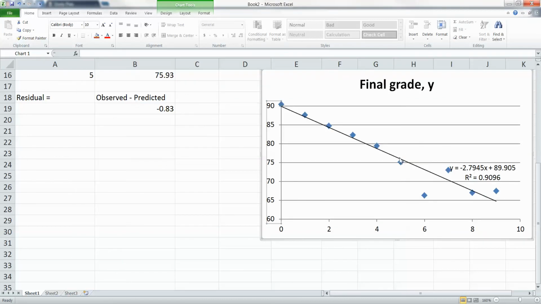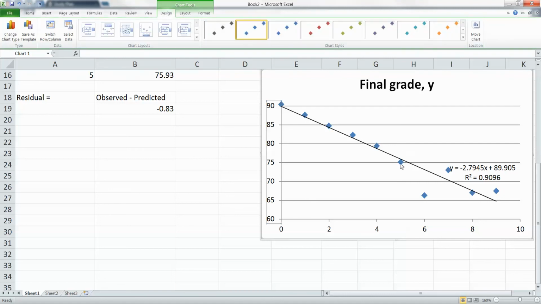Now you can see a little bit better. See how that blue dot is not really on the line? What you just found is the distance between the center of that blue dot and that line. That distance is negative 0.83.